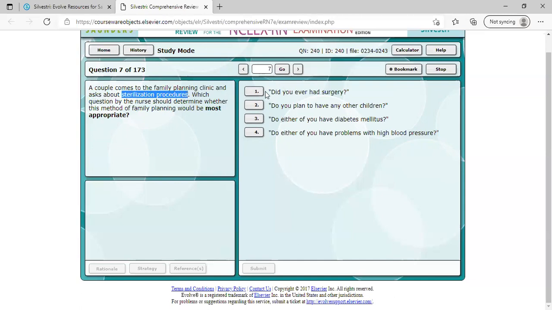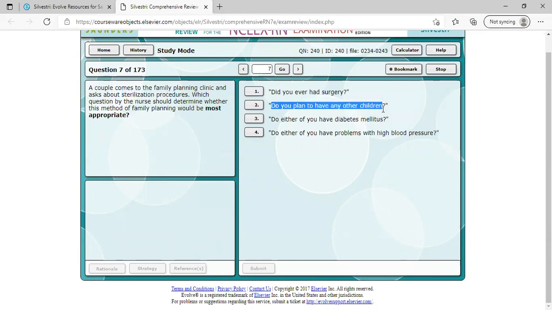So number one, did you ever have surgery? So which is the best question? It doesn't make any sense. If you have surgery, you can do this. And it is not related to the sterilization procedure. Number two, do you plan to have any other children?